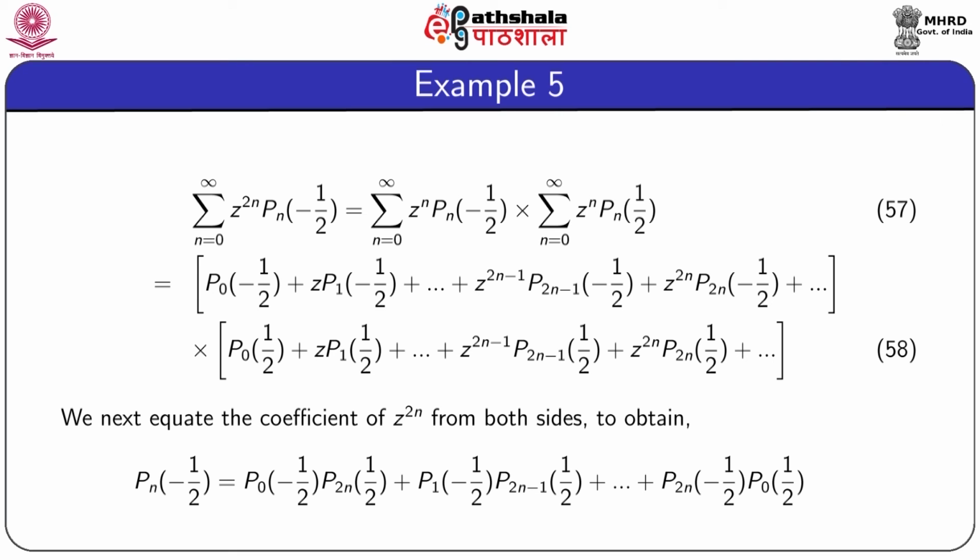From the left hand side of expression 60, it is clear that the coefficient is P_n(-1/2), whereas on the right hand side, if you multiply the two expressions, please note that the first expression P_0(-1/2), if it is multiplied by z to the power 2n P_{2n}(1/2), only then you will be getting a coefficient of z to the power 2n, and hence the right hand side becomes P_0(-1/2) into P_{2n}(1/2) plus P_1(-1/2) into P_{2n-1}(1/2) plus dot dot dot P_{2n}(-1/2) into P_0(1/2). And this concludes the proof of our example 5.